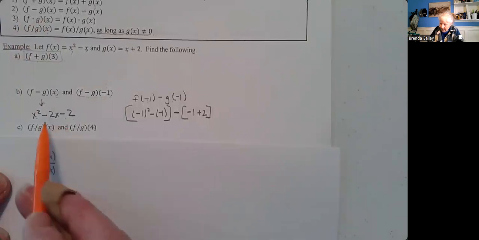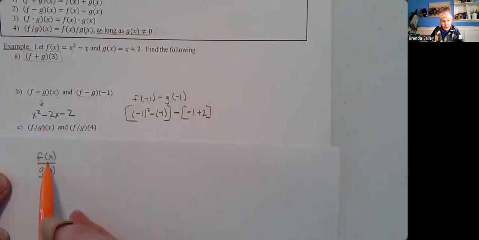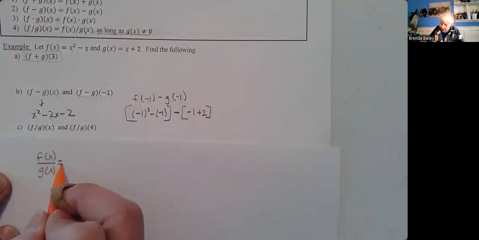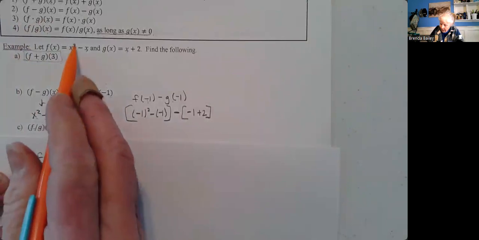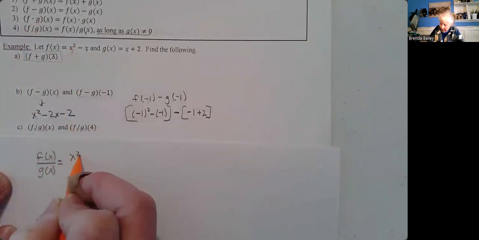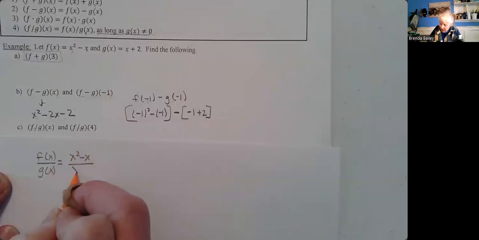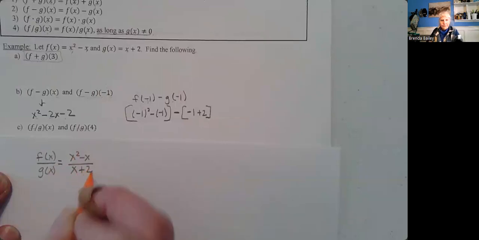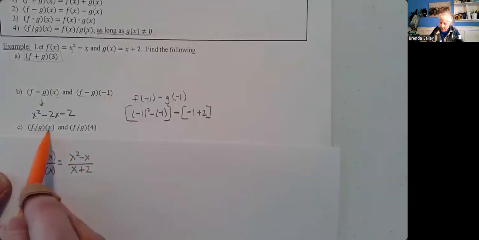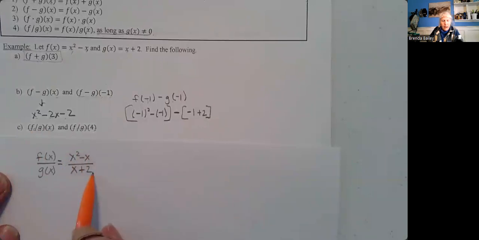These two can be written like this, and that is going to be equal to x squared minus x over g of x, which is x plus 2. So there's my function, and this would be the answer there.